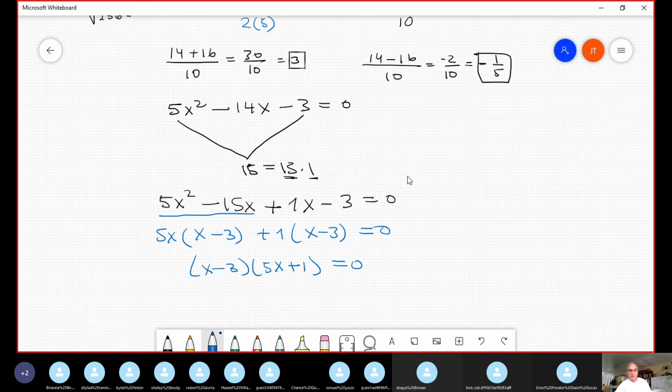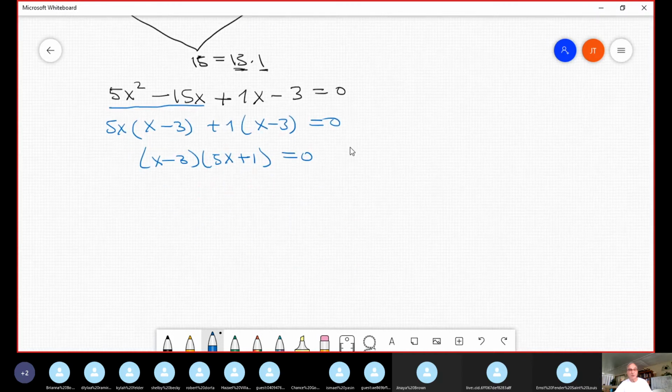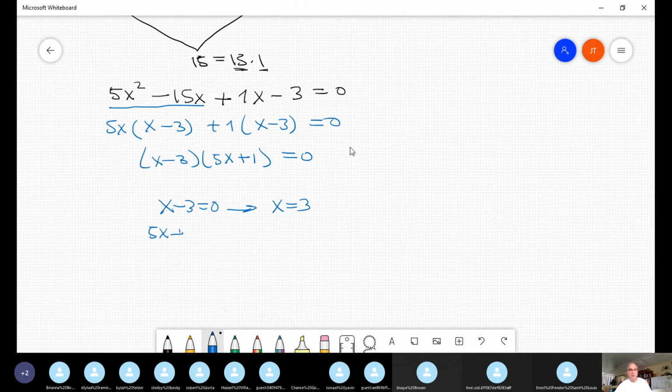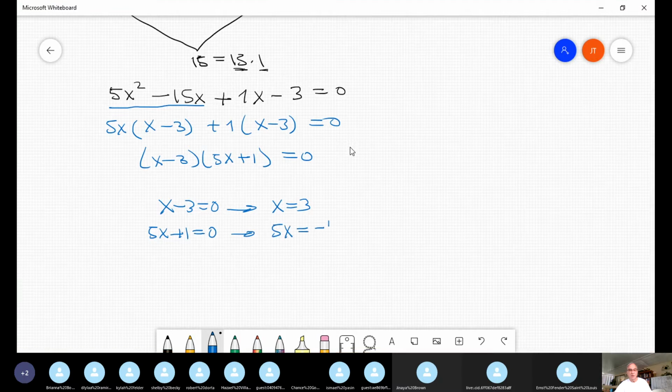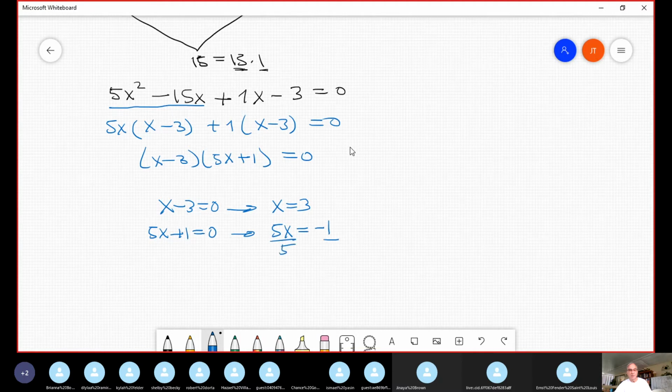We have two factors. You break it down into linear equations. The first linear equation is x minus 3 equal to 0, which is equivalent to x equal to 3. The second is 5x plus 1 equal to 0. When you solve, 5x equals negative 1, divided by 5, x is equal to negative 1/5. You get the same answer, right? 3 and negative 1/5.